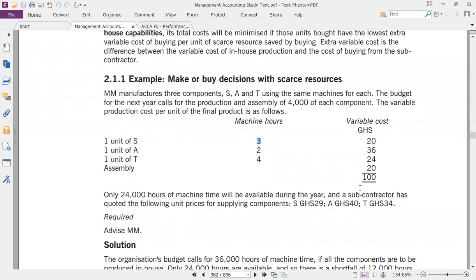Now, a subcontractor has quoted the following unit prices for supplying the components: 29, 40, and 34, respectively. So how do you start that particular section? The advice will be, I'll start by saying make or buy decision.